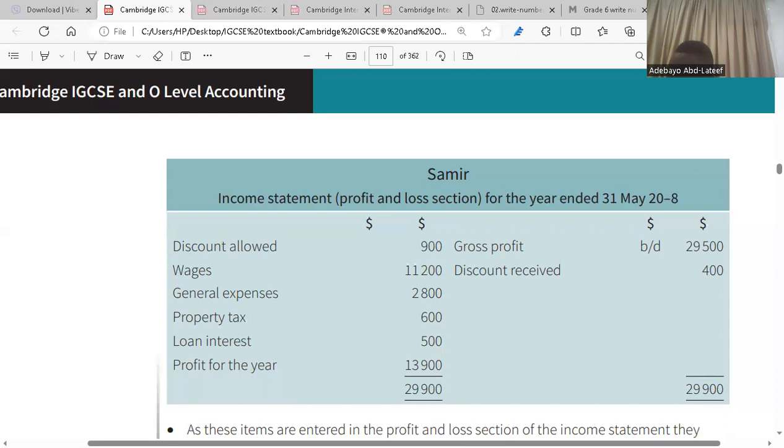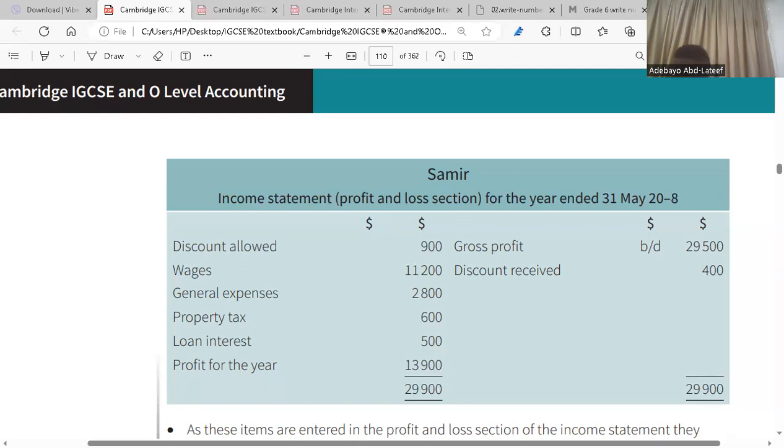General expenses? 2,800. Then what do we have? Property tax, 600. So we add them together. That's all we have for expenses. Asset goes to your statement of financial position. So these are all expenses, and you add the total together.